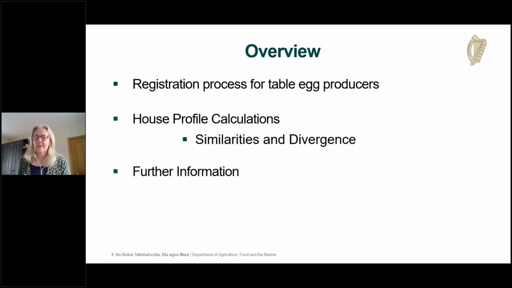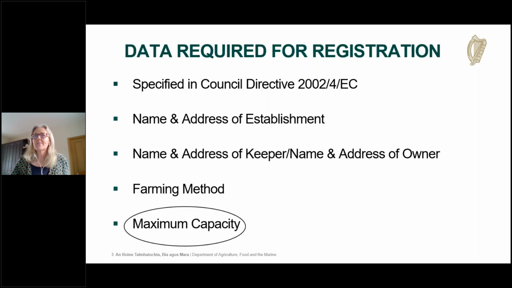Feedingstuff's Fertiliser, Grain and Poultry are responsible for the registration of table egg producers, and this registration process is specified in Council Directive 2002/4 EC, and the data that's required for registration is the name and address of the establishment, the name and address of the keeper, and the name and the address of the owner if different from the keeper.